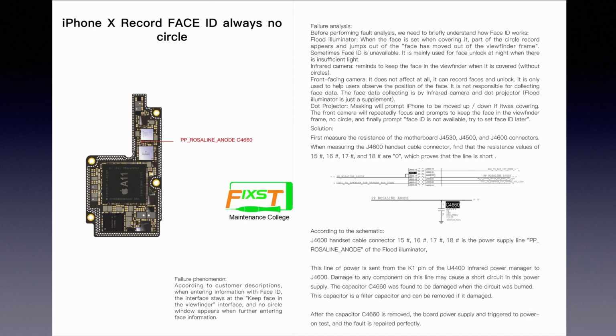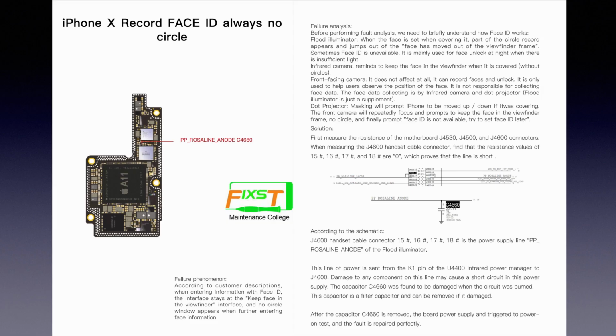As we can see in the schematic, these four lines are the power supply lines for the flood illuminator. The power on this line is sent from the K1 pin of U4400, the IR camera power IC, to the J4600 connector.